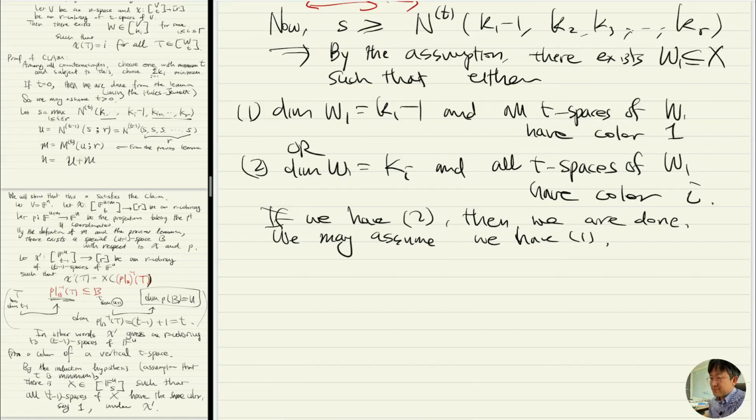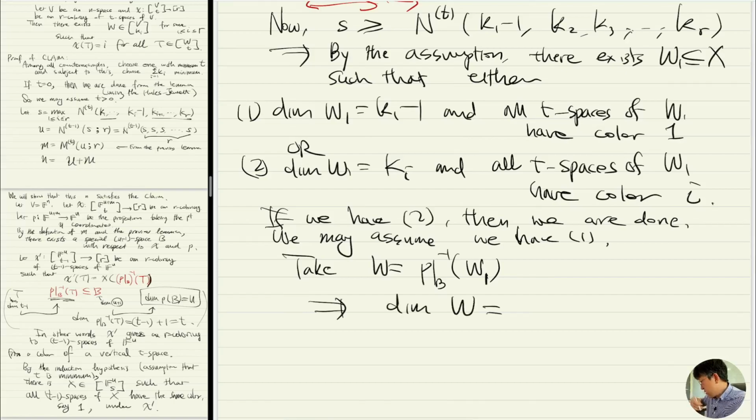Right. Now take W as the inverse of W1. Then the dimension of W, because we are increasing dimension by 1, is going to be k1.